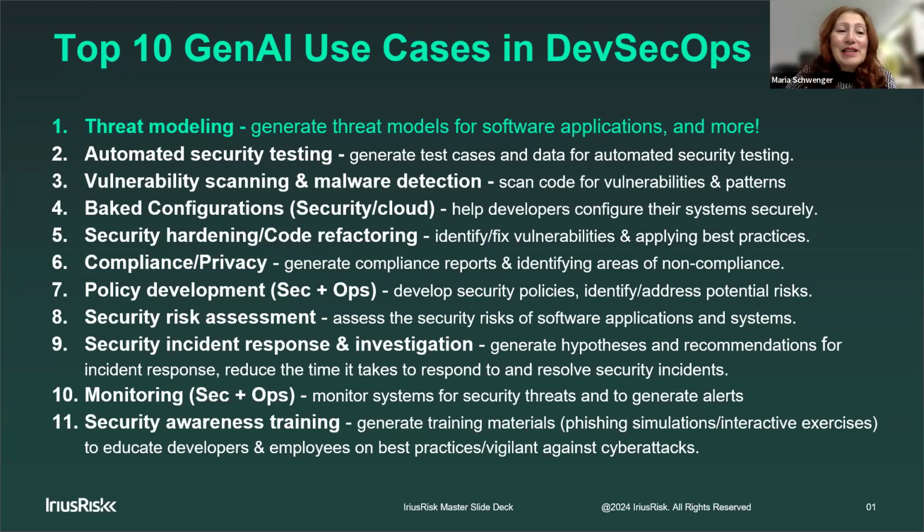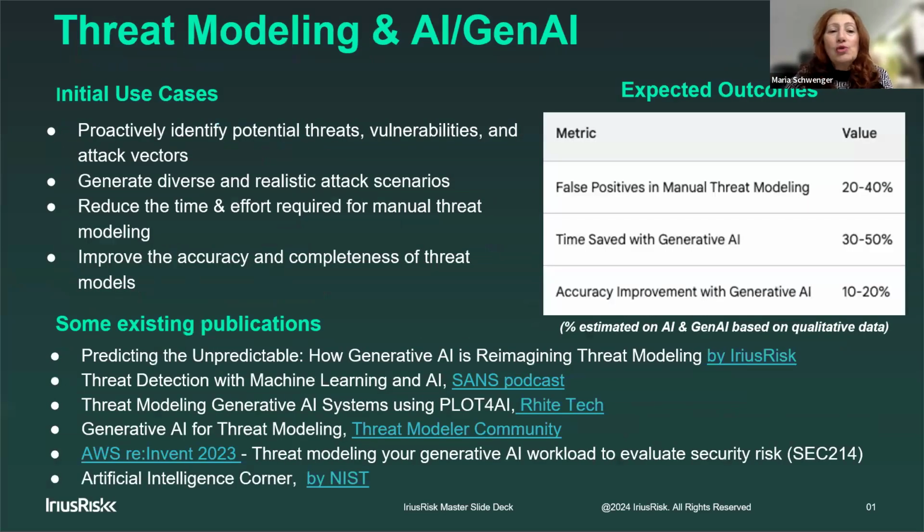And on the next slide, I would like to talk to you a little bit more about threat modeling and GenAI, and actually narrow or general AI as well. This is not a new conversation, okay? It's not a new conversation.